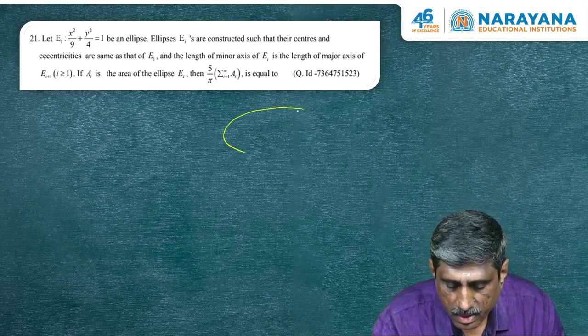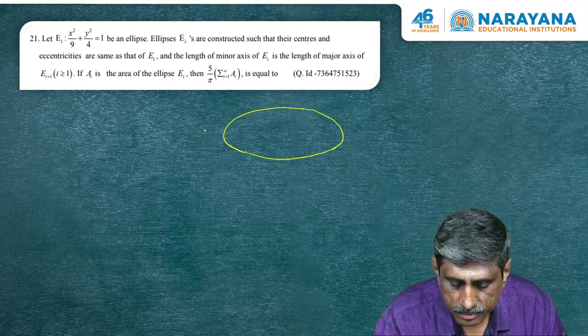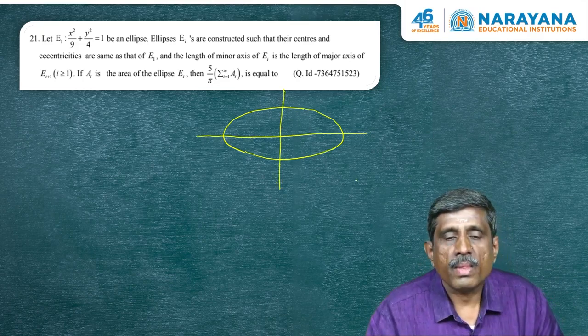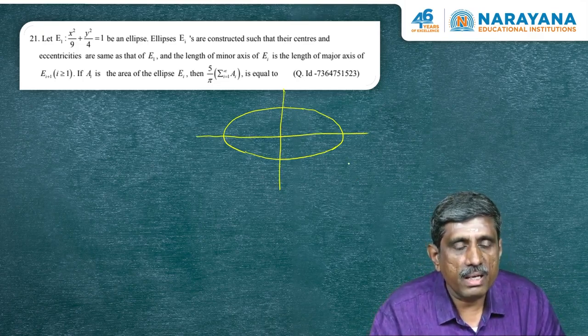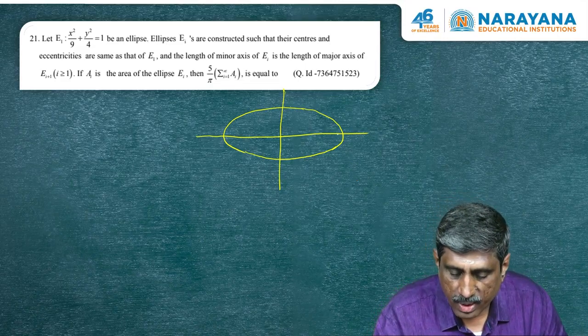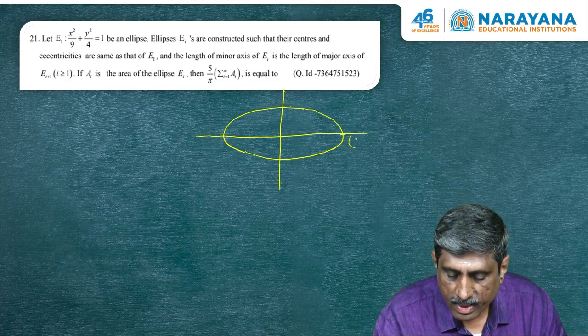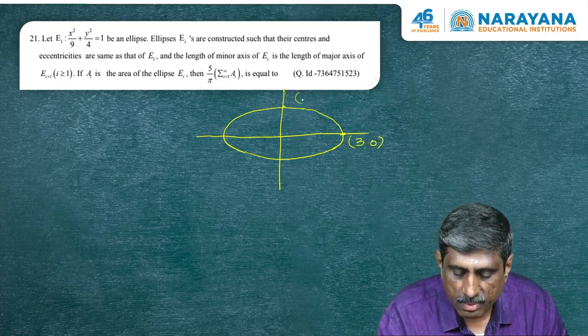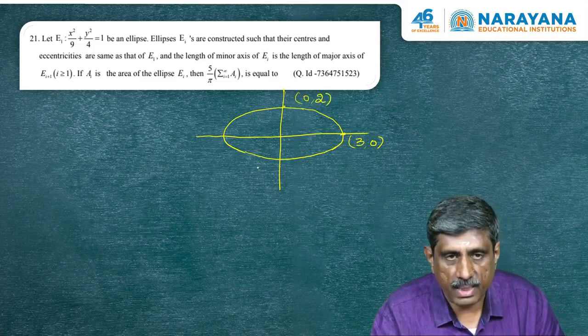Here is the given ellipse, x square by 9 plus y square by 4 is equal to 1, and this is going to be 3, 0, one vertex, and this is one end of the minor axis 0, 2. This is the first ellipse.